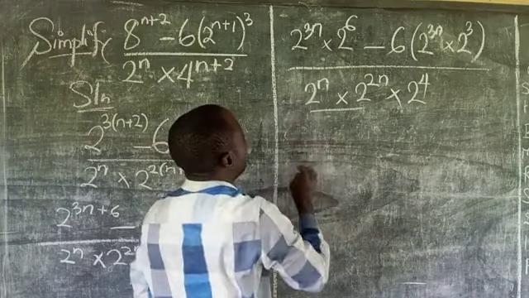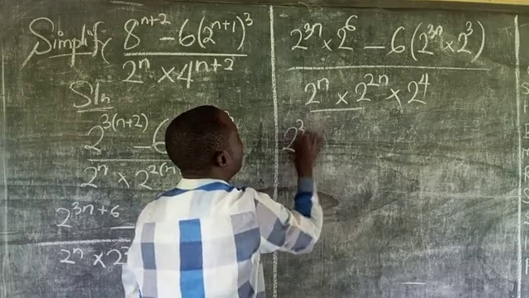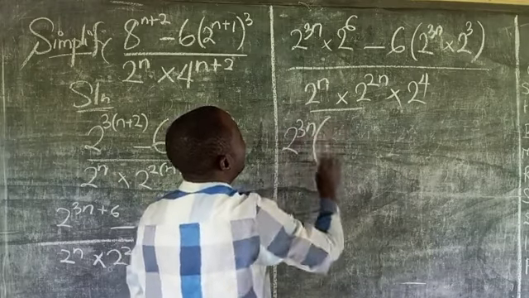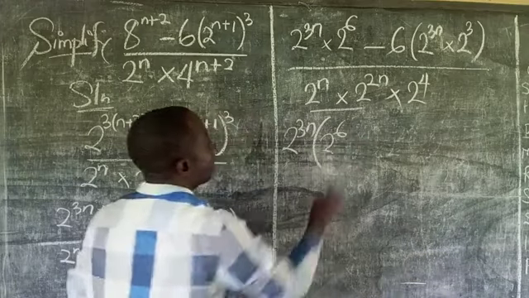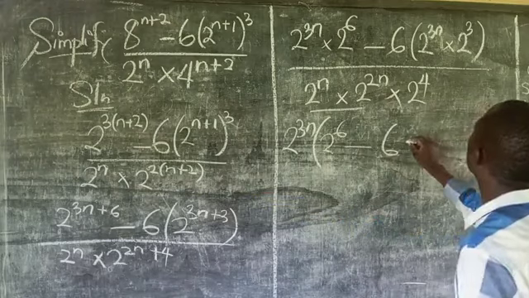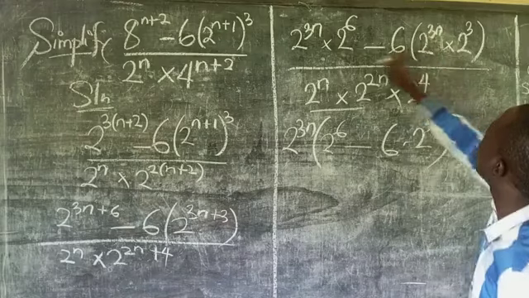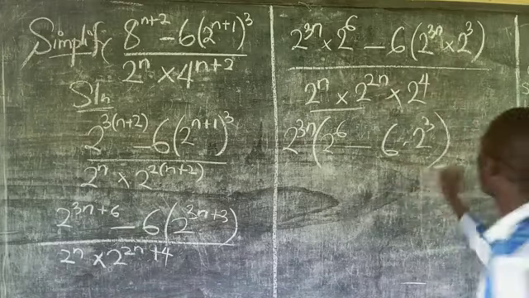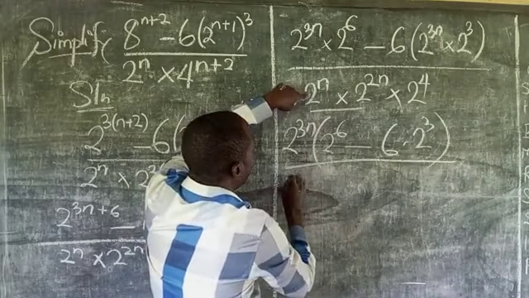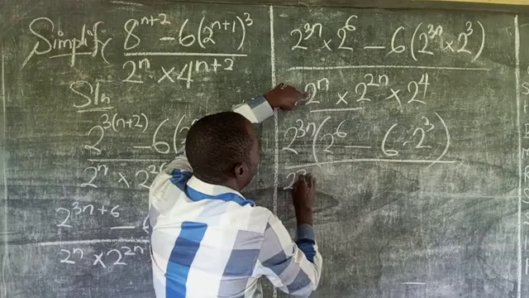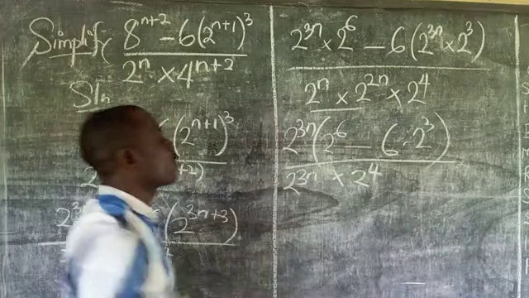So what we are planning to do is to factor out 2 raised to the power 3n. If we do that, what will be left in the numerator will be 2 raised to the power 6 minus 6 times 2 raised to the power 3, because this has gone out, this has gone out. And in the denominator, this will become 2 raised to the power 3n times 2 raised to the power 4.